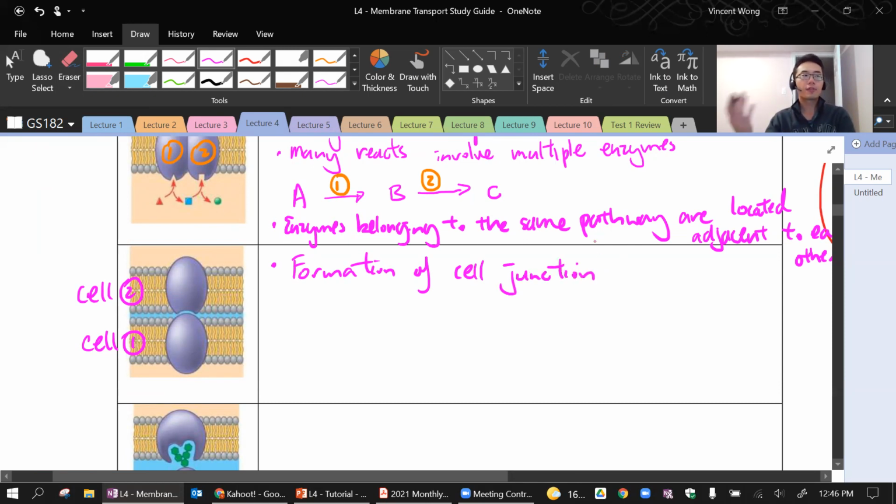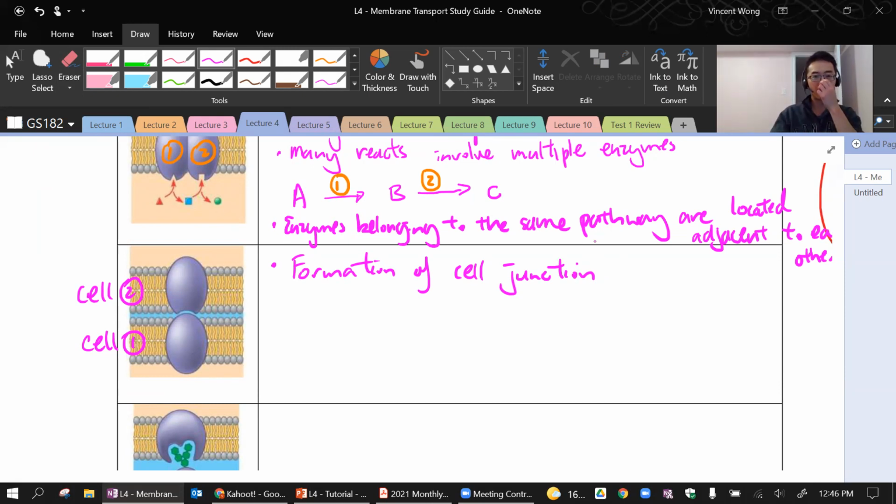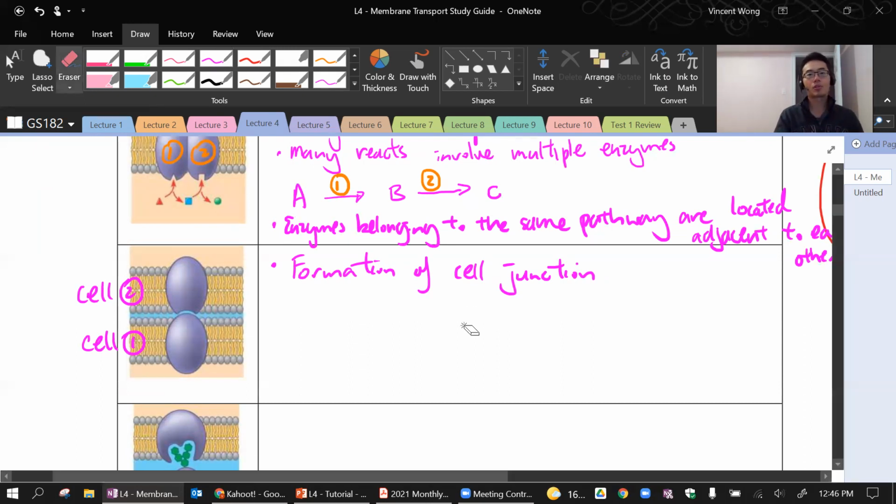There are many different types of cell junctions, for example tight junctions, and plasmodesmata, but we didn't talk about any of these. So we just call them cell junction in general. The overall function of a junction is to prevent uncontrolled movements between cells.